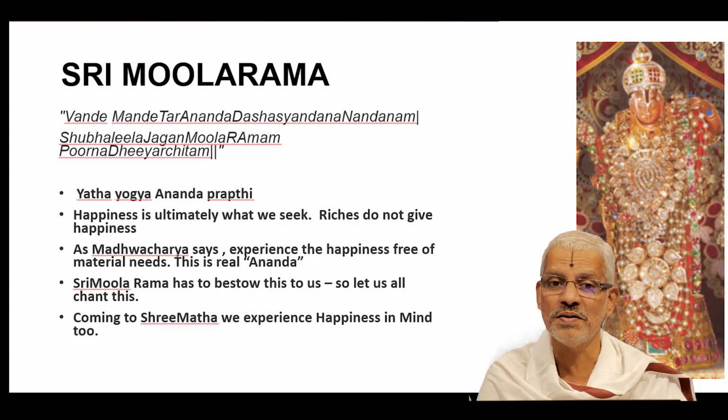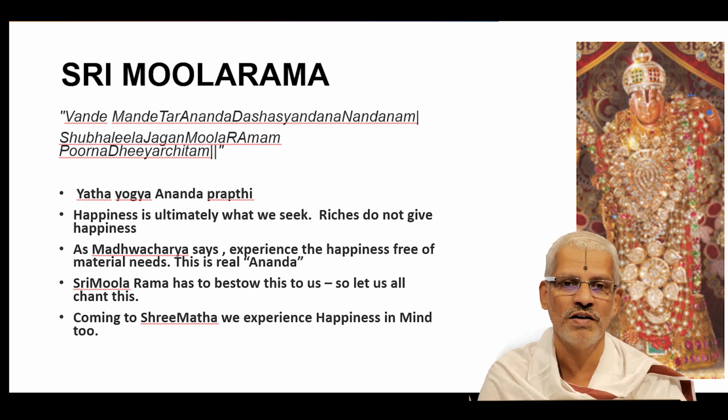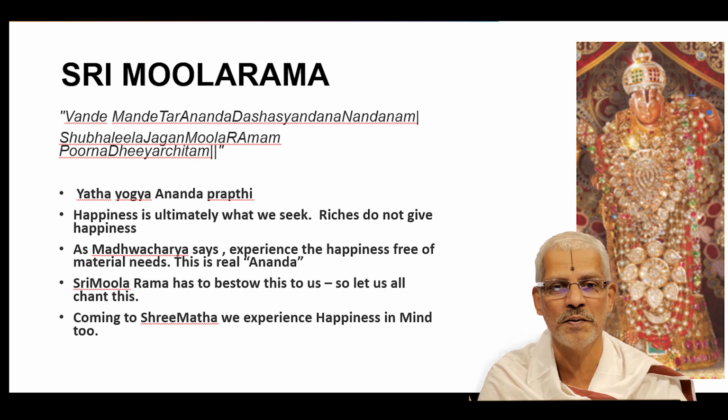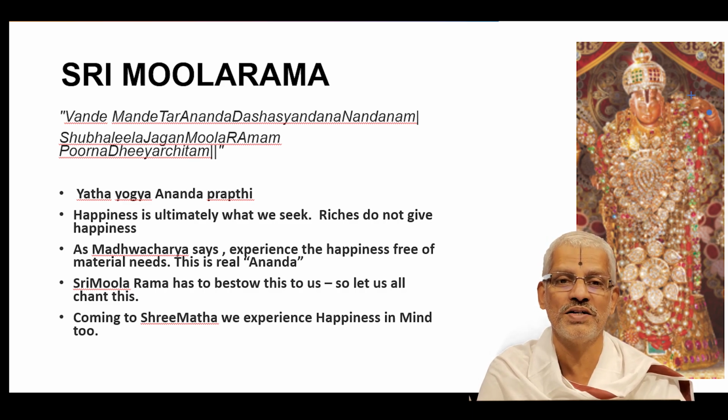This Mula Rama, a little bit to understand: from what time was this Mula Rama there? Chaturyuga Moorthi, Chaturmukha Brahma Kararchita is what is pronounced when Mula Rama is being shown to all. What does it mean? Chaturmukha Brahma worshipped this Mula Rama.